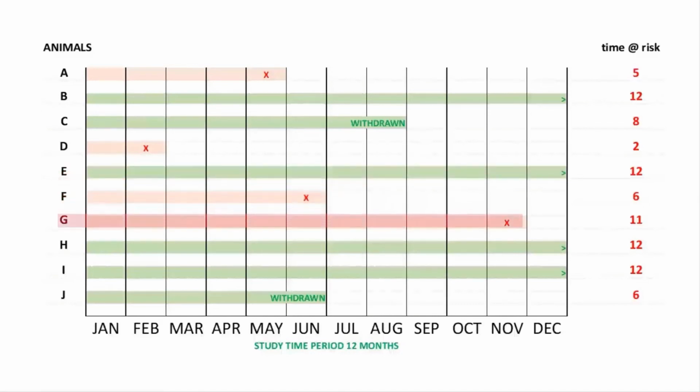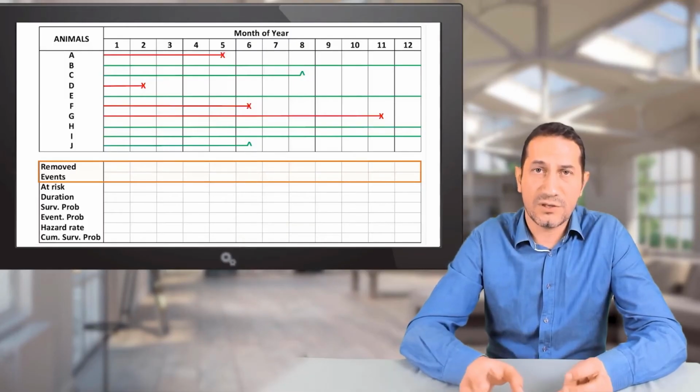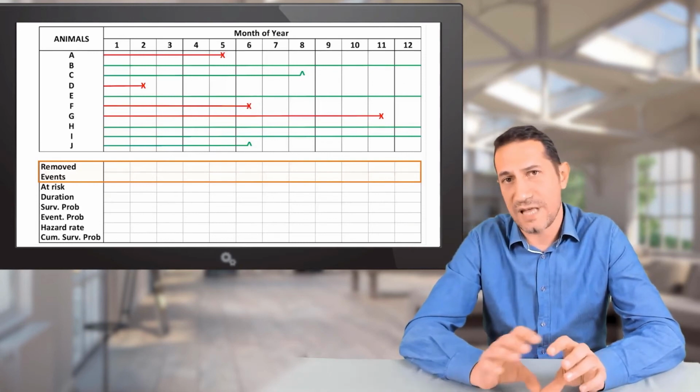Animals F and G had the disease in the 6th and the 11th month respectively and died, and then animals H and I survived through the whole period of the study, while animal J was removed from the flock at the 6th month. Now, to trace the timing and the animals and what's happening, we construct a table which is below this graphic of the timing.